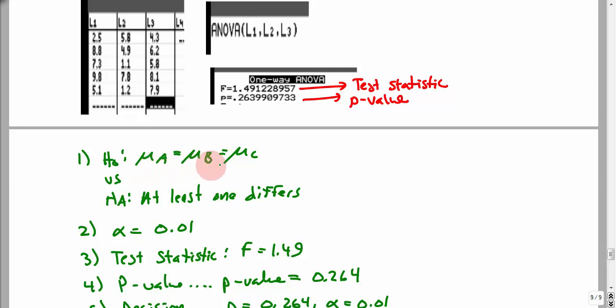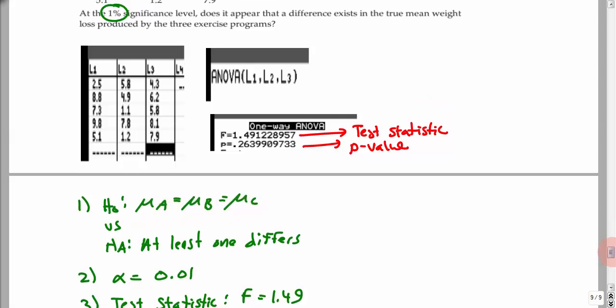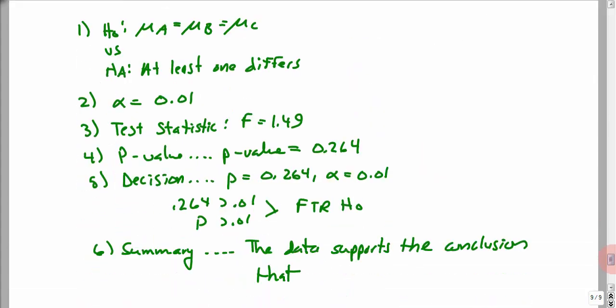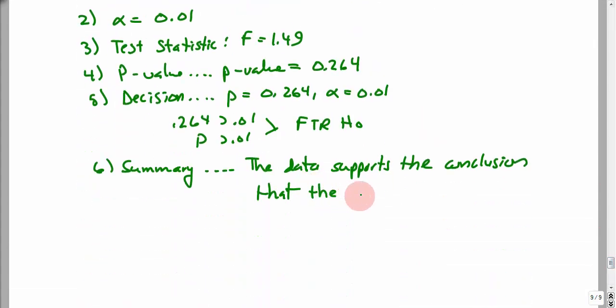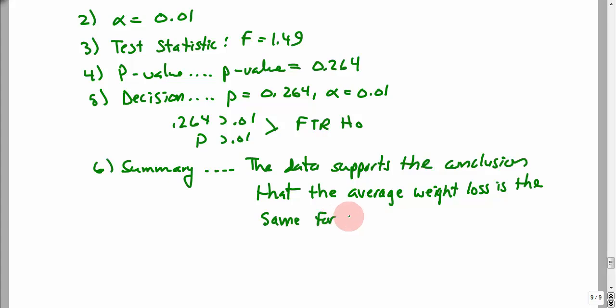The data supports the conclusion that the average weight loss is the same for all 3 exercise programs. Okay, so again, when we're looking at these, a nice little graph is helpful sometimes.